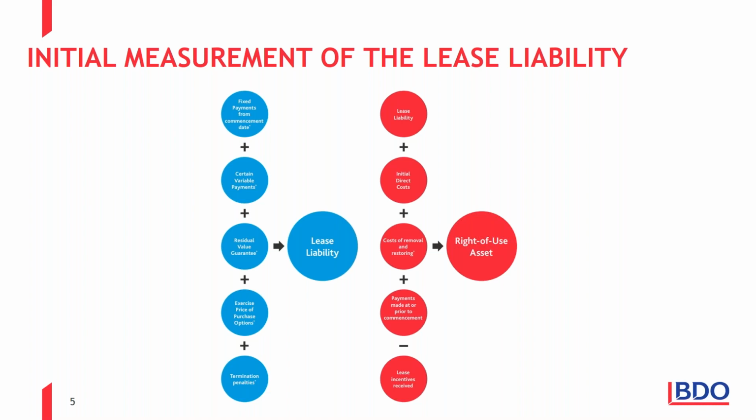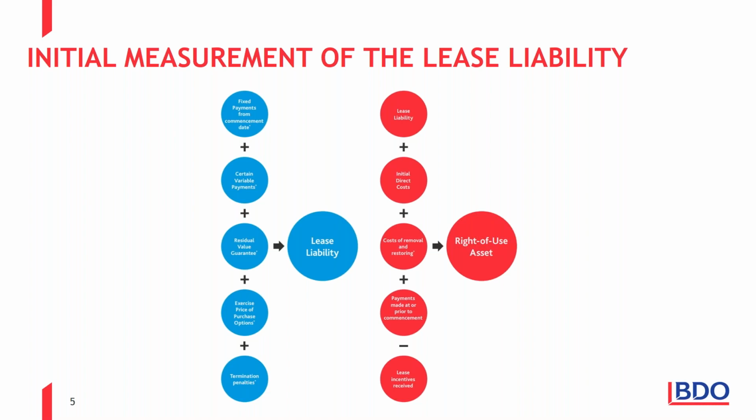And once you've determined the lease liability, that is an input to a determination of the right of use asset. So every calculation on day one starts with the lease liability and then goes to the right of use asset. And we know in future, as we have reassessments or modifications, it's a similar approach. You adjust your lease liability, and that will have a flow-on effect to the right of use asset.